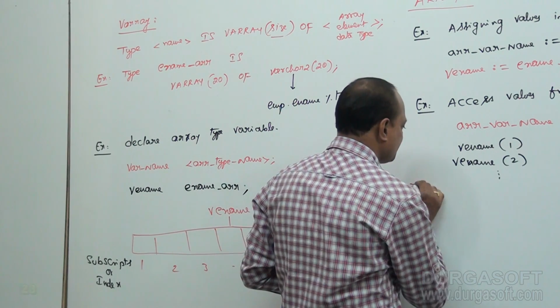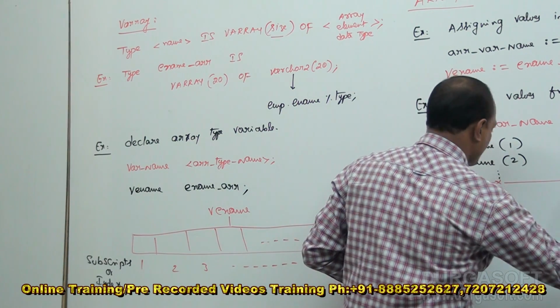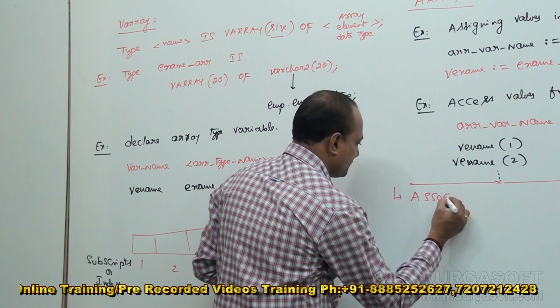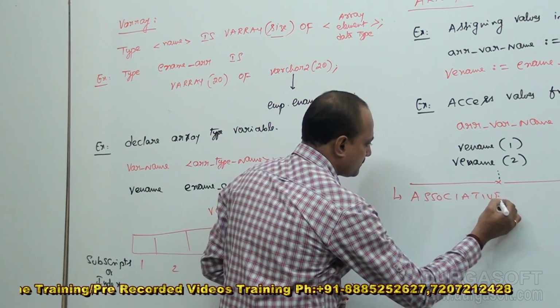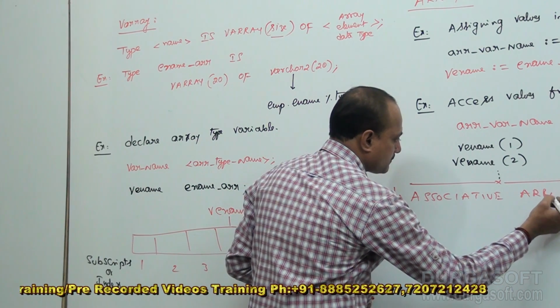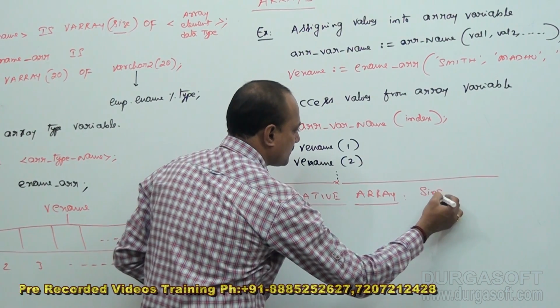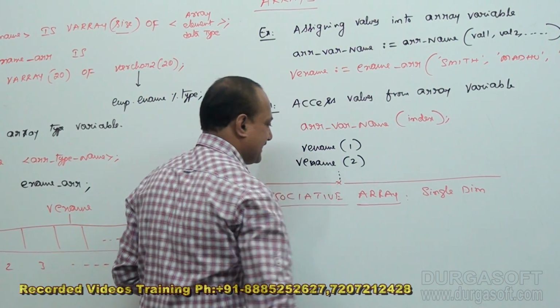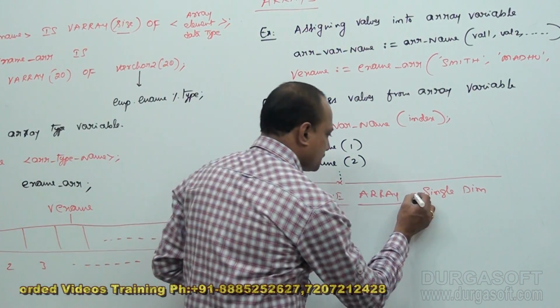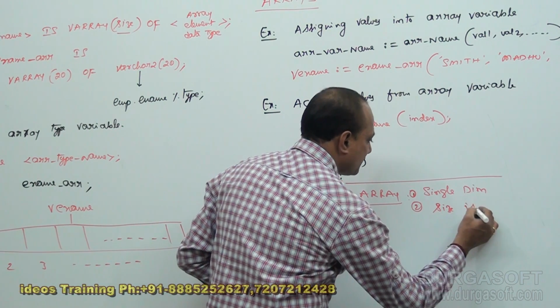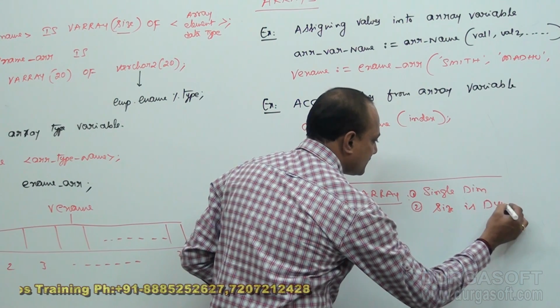Let me write here, associative array. What is associative array? This is also called a single dimensional array. First point, and second point is size is dynamic, not static.